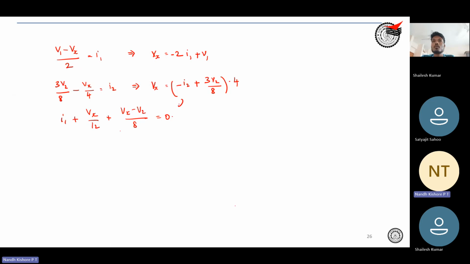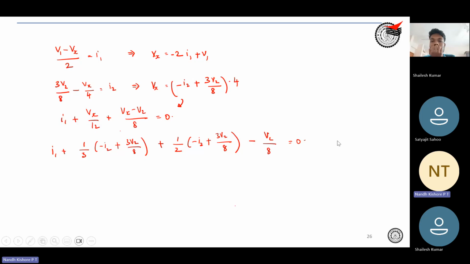Okay, so substitute your Vx over here. So I1 plus Vx by 12, right? So 1 by 3 into minus I2 plus 3V2 by 8, plus 8 into Vx by 8, which is 1 by 2 into minus I2 plus 3V2 by 8, minus V2 by 8 equal to 0.